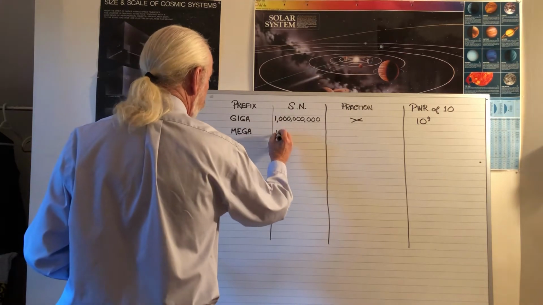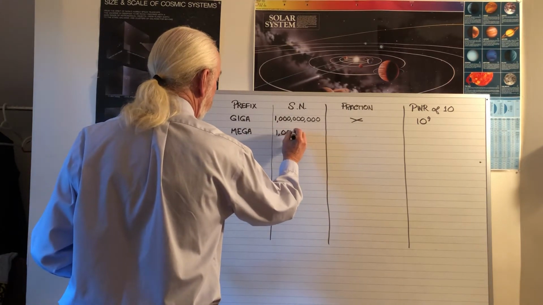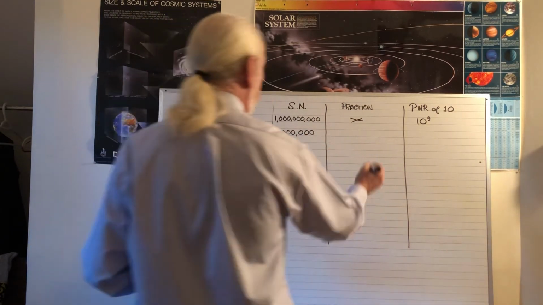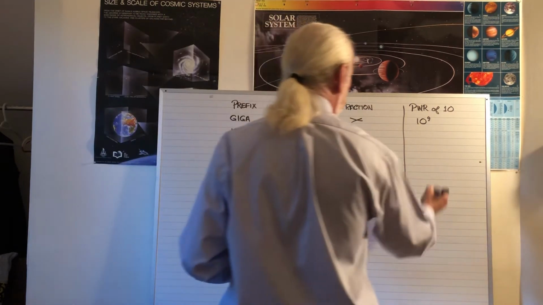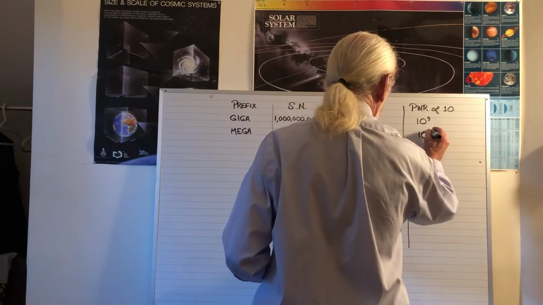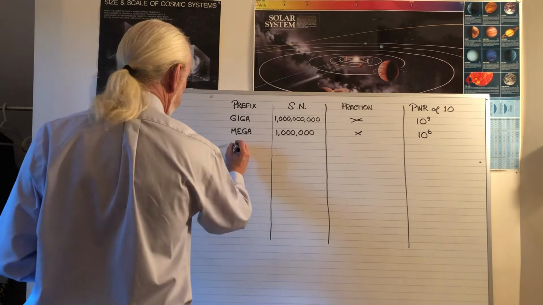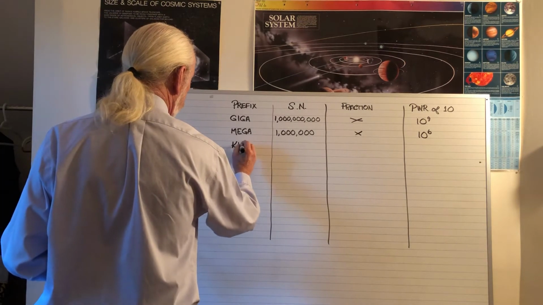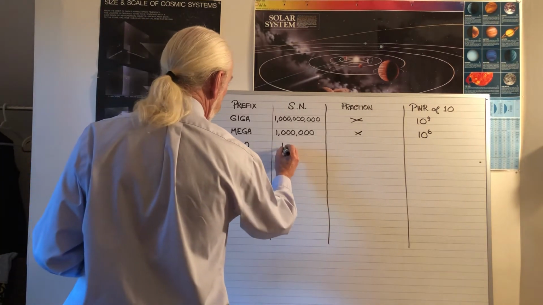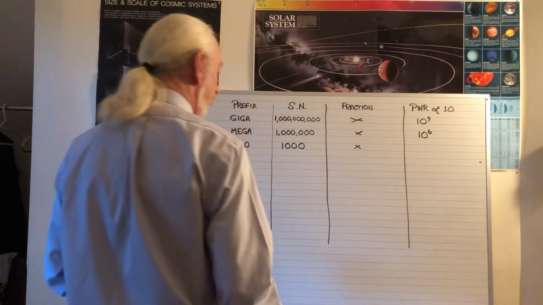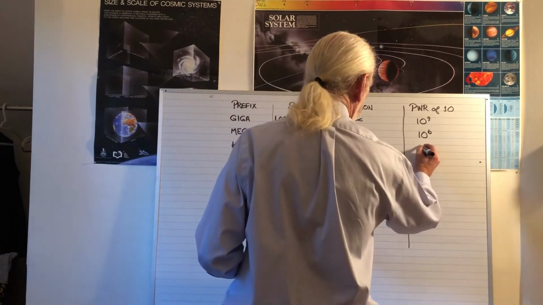Just like megabucks, 1 million. Again, no fraction, 10 to the 6th. Kilo, that's 1,000. No fraction involved, 10 to the 3rd.